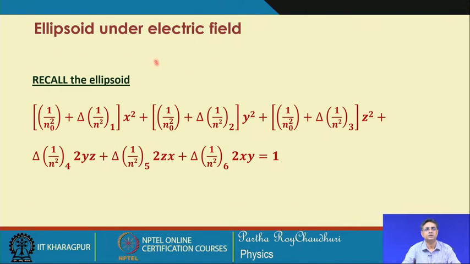Let us now once again do a little bit of algebra and recall the index ellipsoid, with these incremental changes in the refractive indices, permittivity and impermeability. This equation is once again very familiar, and we know that these are the coefficients attached to the cross components, that is xy, yz, zx.